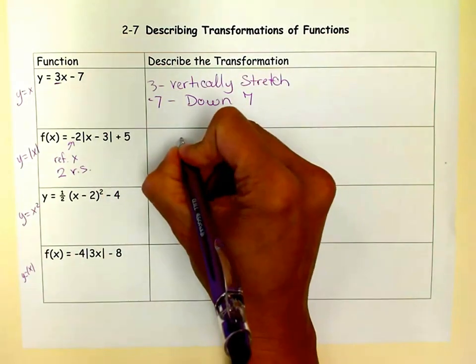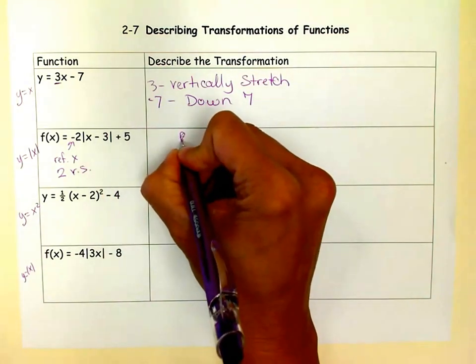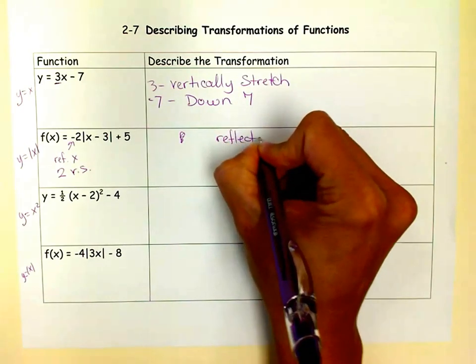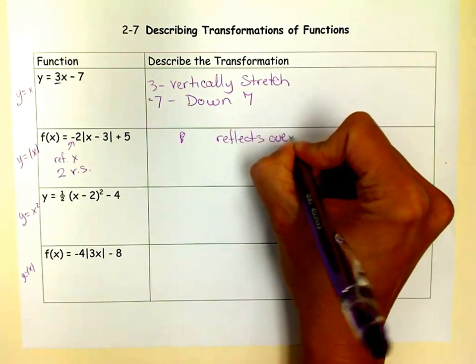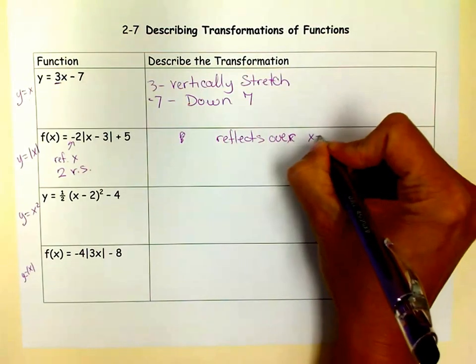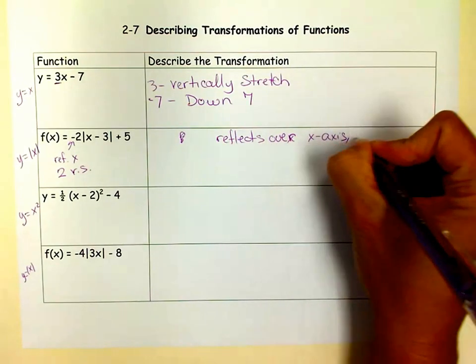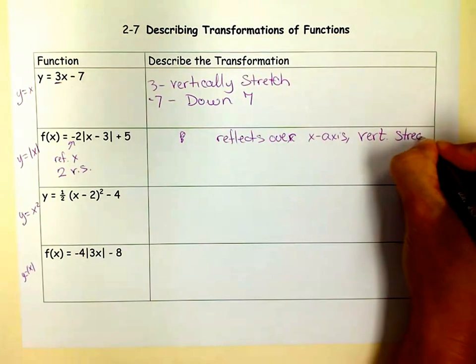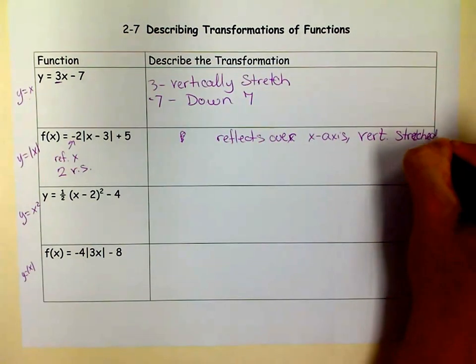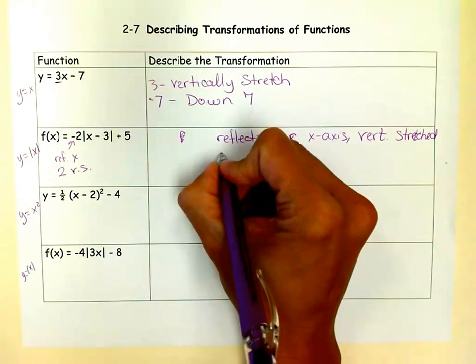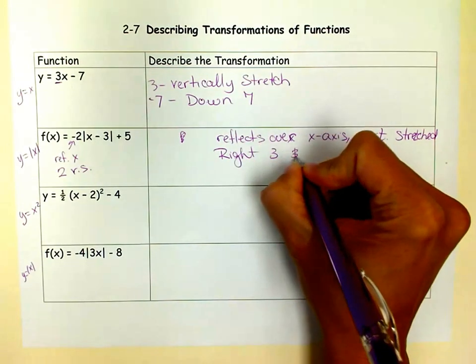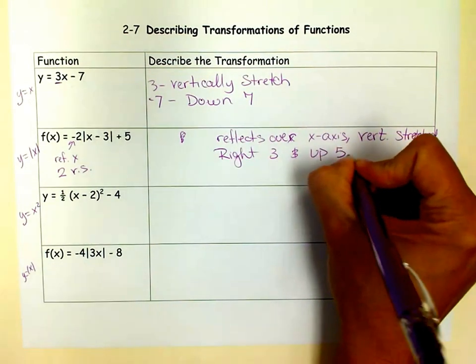So I would say it reflects over the x-axis. It's vertically stretched. You have to figure out exactly what your teacher wants. And then I would say I moved right 3 and up 5.